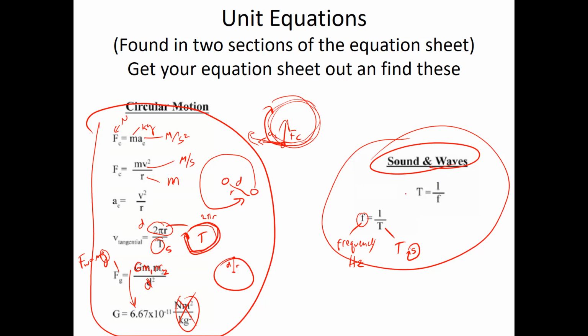These are inverses of each other. Period is the time per cycle, and frequency is cycles per time, so you just take one and flip it over. If you go to our school, you're going to find it in the sound and waves equation section of the equation sheet.